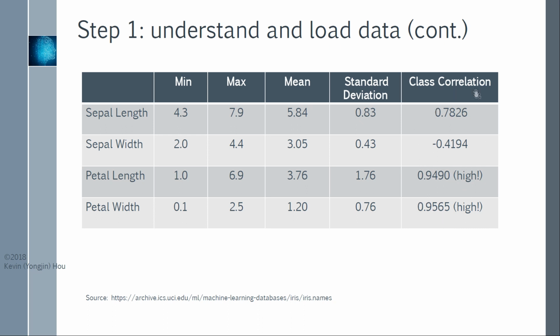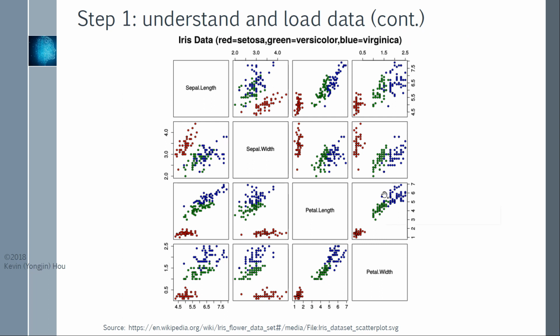So basically, this class correlation metric is consistent with our observation on the visual charts. Basically, that's my argument. If we only keep two features out of four, we should keep petal width and petal length because those two variables are distinctive across the classes, across different species of the iris.